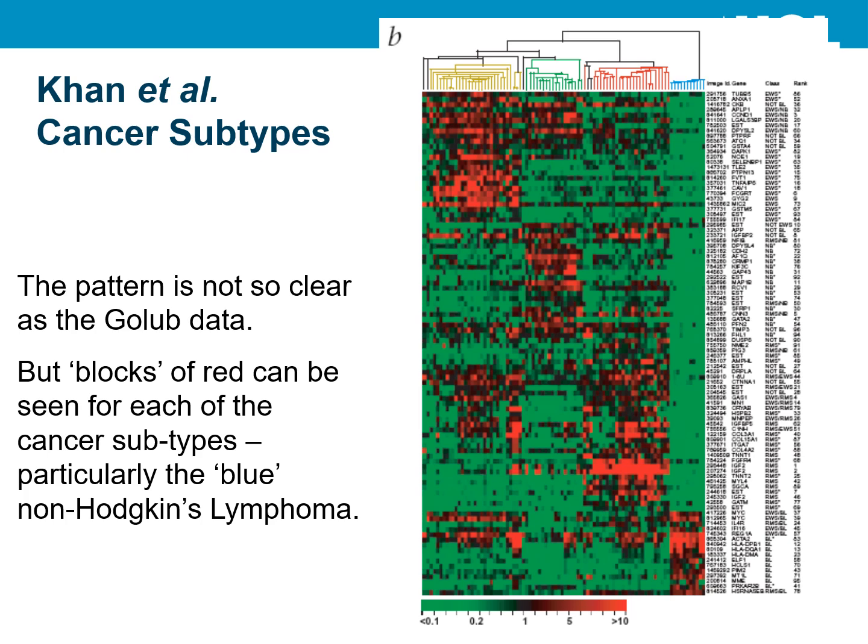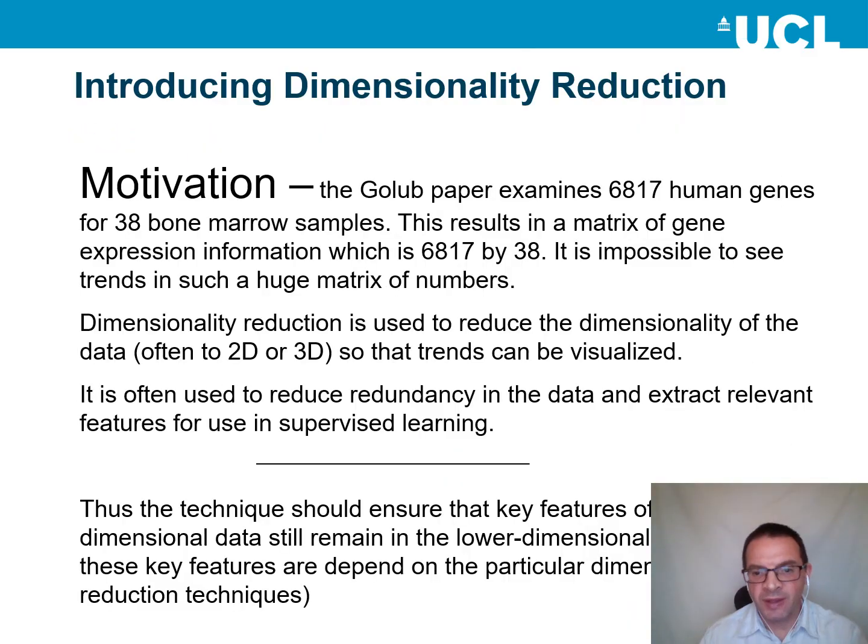So it's a bit messier than the Golub data, but you can still see sort of this block structure. And that's what clustering allows you to do in heat maps, that you can visualize the different genes involved in the different samples. So that's clustering.